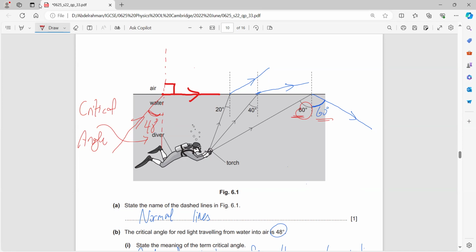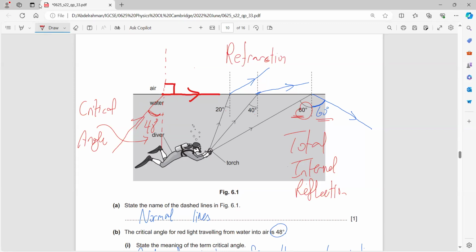That's the whole point of the total internal reflection. I wrote it down. Are there any rays that emerge from the water? Are there any rays that go outside the water? No. If it was 20 or 40, normal refraction would happen, so the rays will go out normally.